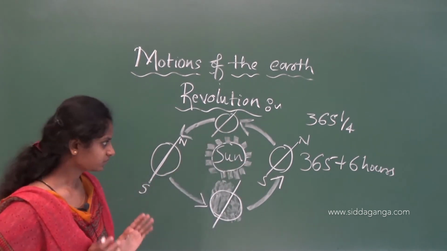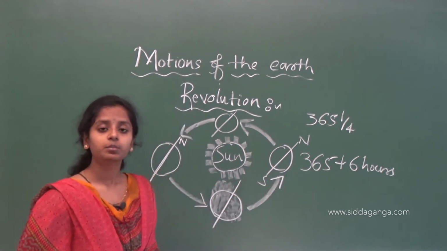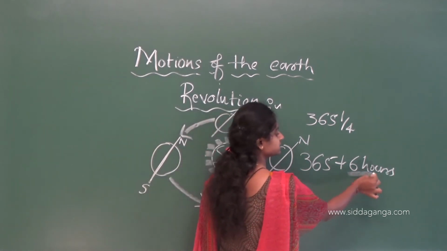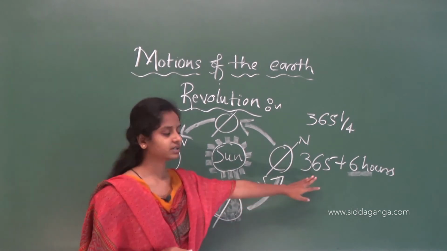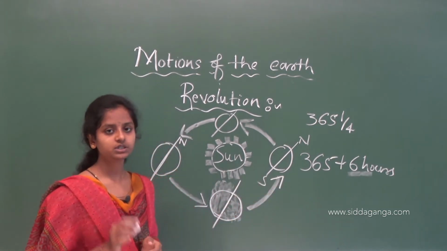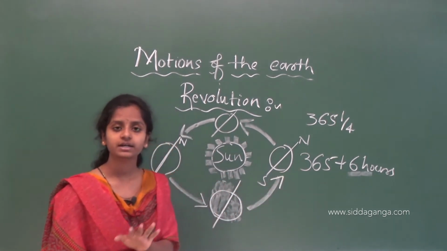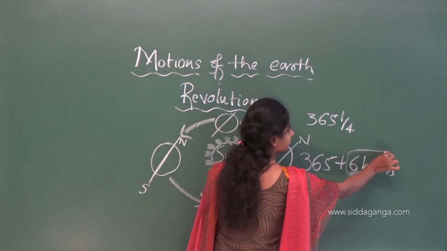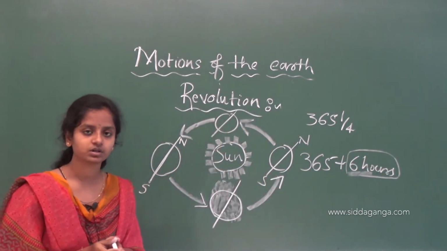But we take 365 as 1 year because it is not convenient to say 6 hours. That is why we take 365 days for the 1 year, and this 6 hours, we will join the 6 hours.